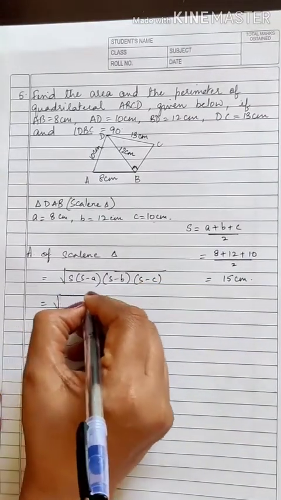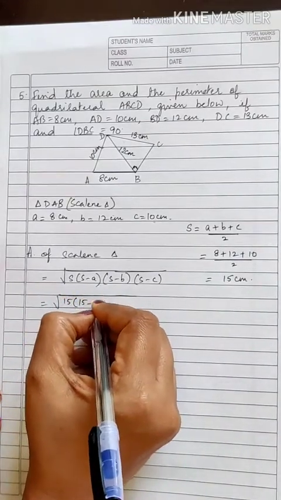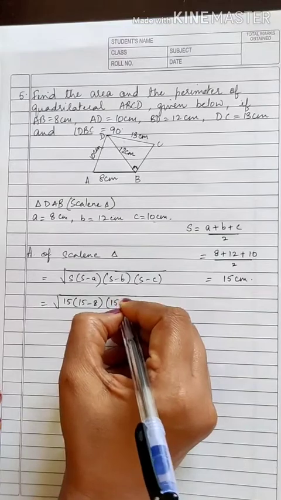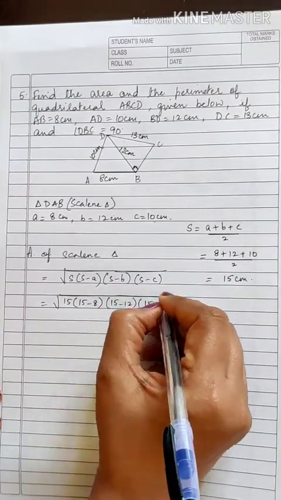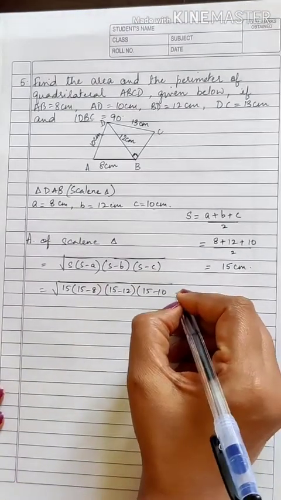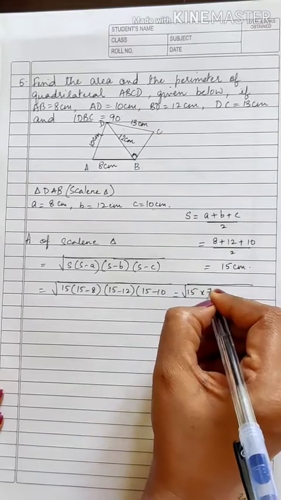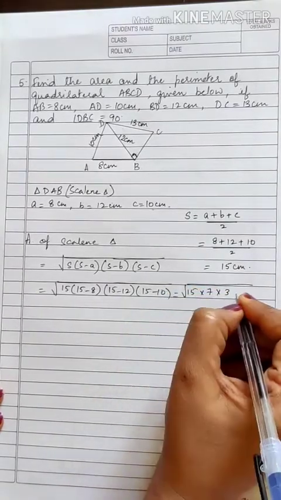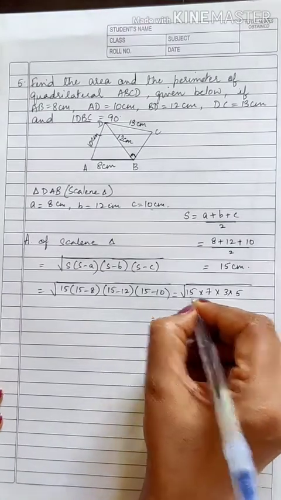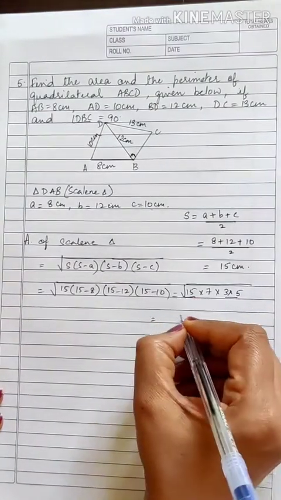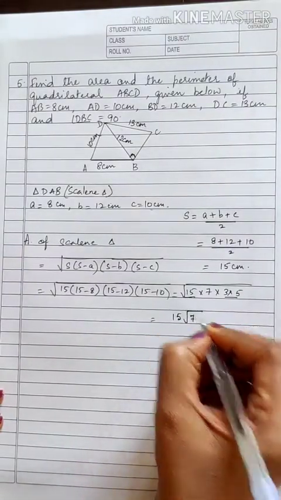Now here you have already found s, which is equal to 15. 15 minus 8, 15 minus 12 and 15 minus 10, which will give you the square root of 15 into 7 into 3 into 5. And here this is 15 and this is 15, so take 15 out, and find the square root of 7.